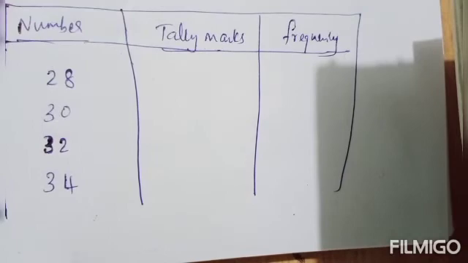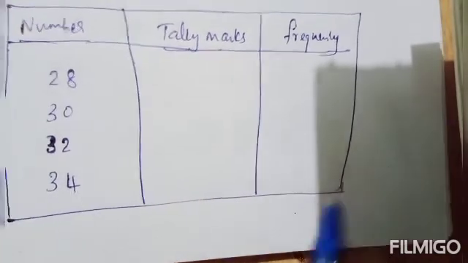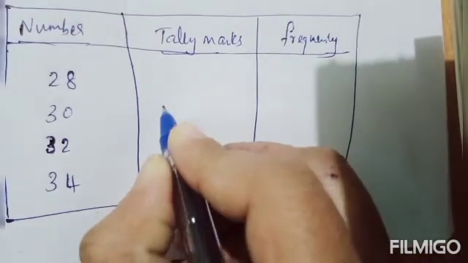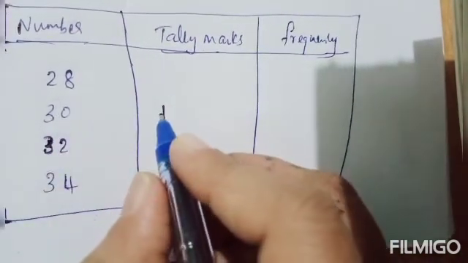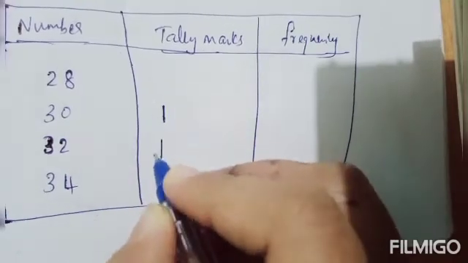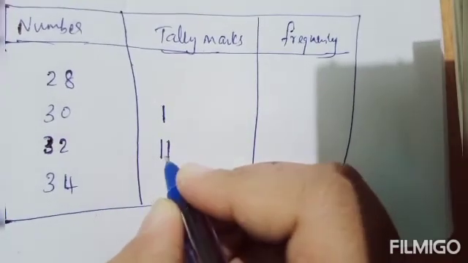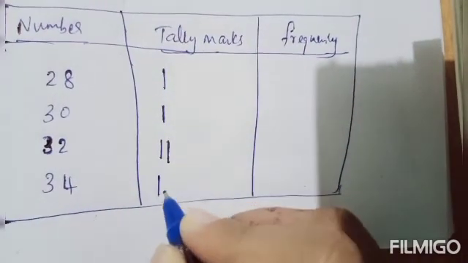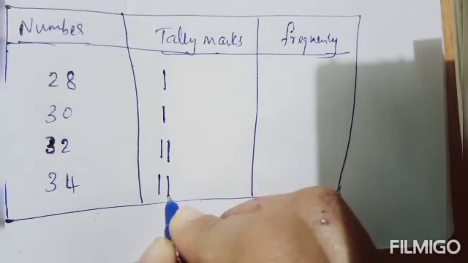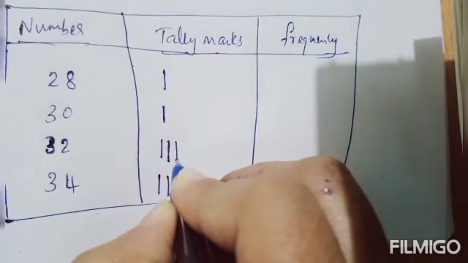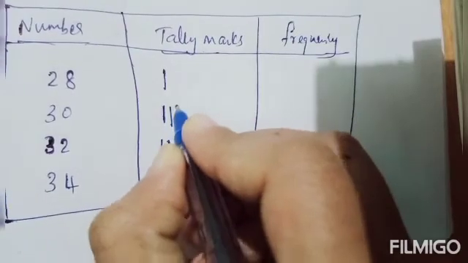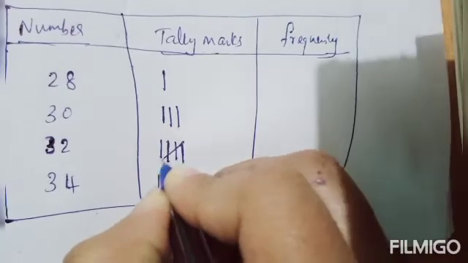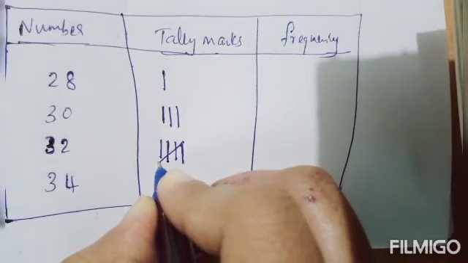Now you can start putting tally marks. Let us start from the first, 30. Straight to 30 you can put one bar. Next 32, again 32, then 28, then 34, again 34, then 32, then 30, again 30, 32, again 32, fifth one like this.